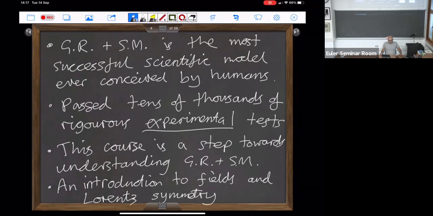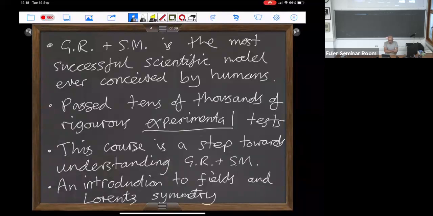This model has passed tens, maybe hundreds of thousands of rigorous experimental tests. As the courses go on in the diploma program, you'll be learning more and more about general relativity and the standard model.